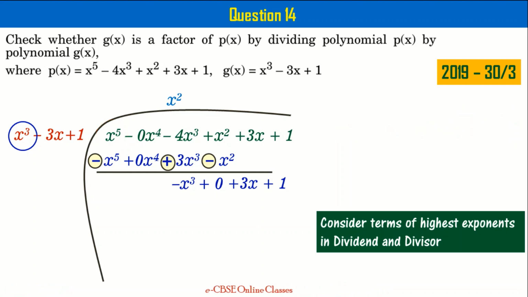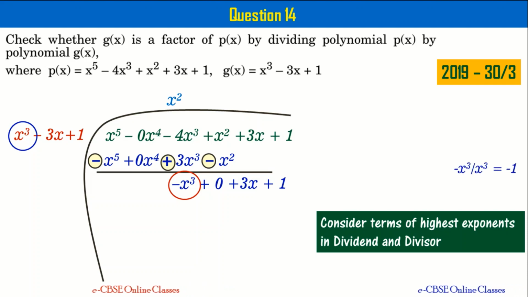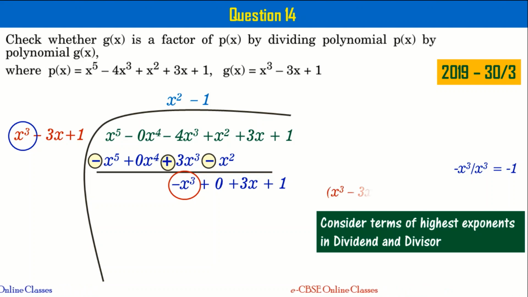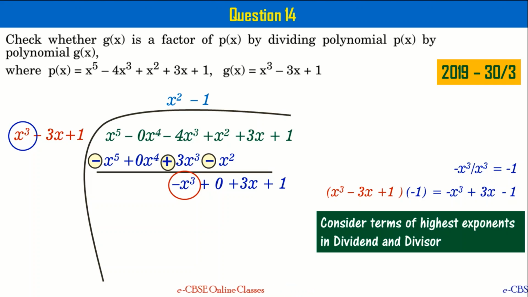So that is going to be minus x cube, right? Now let me divide minus x cube with x cube. That is going to give you minus 1 as the answer. This particular minus 1 has to go as part of quotient at top. So now quotient you have is x square minus 1, right? The next step is multiply the divisor with minus 1 such that you get minus x cube plus 3x minus 1.